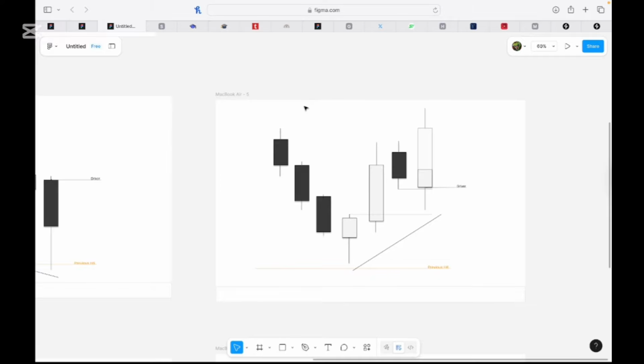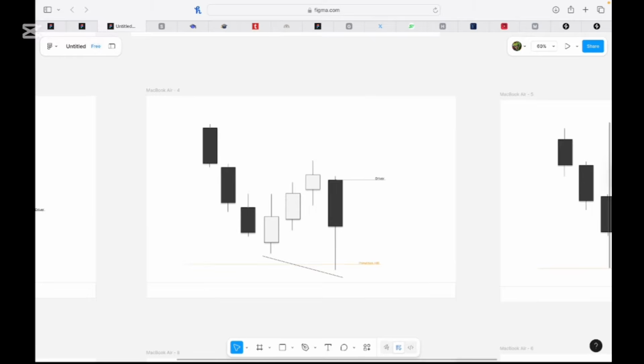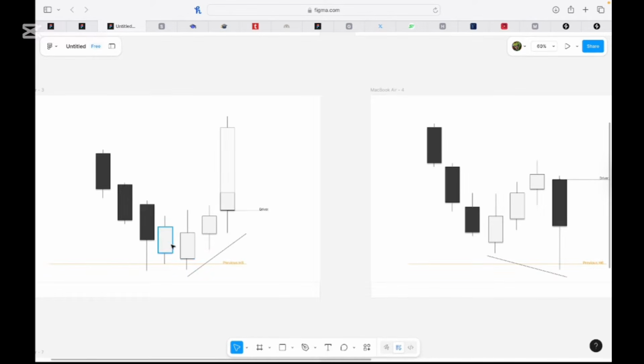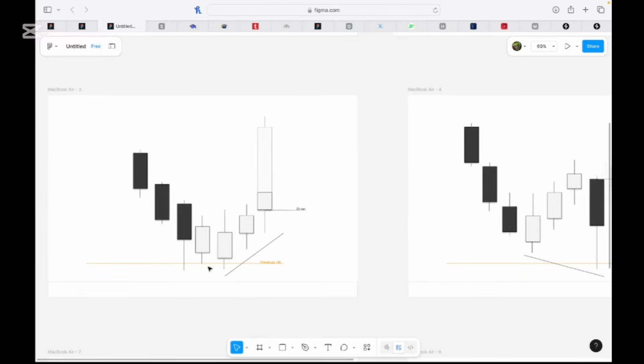So we displace with force. By using only phase of price, we can already anticipate that this SMT right here won't hold.